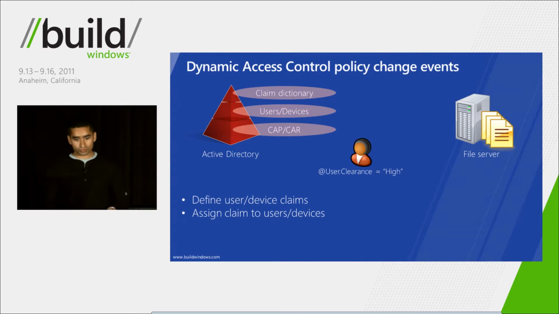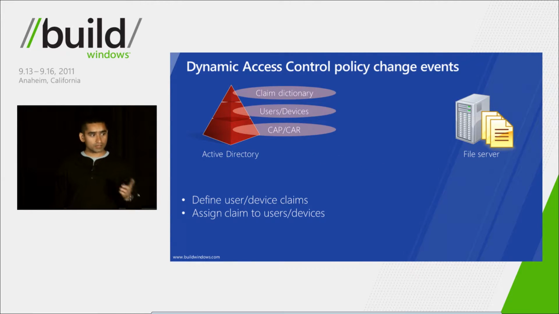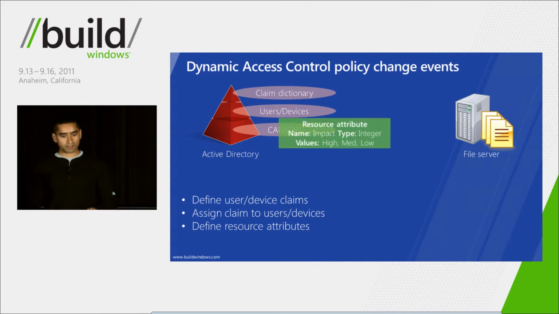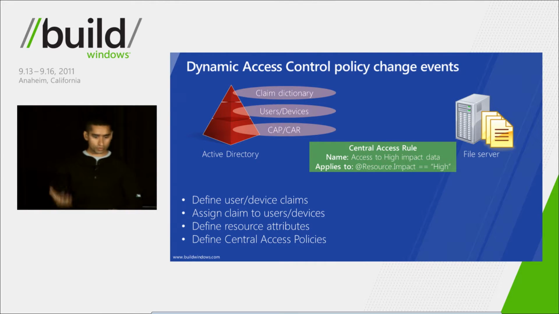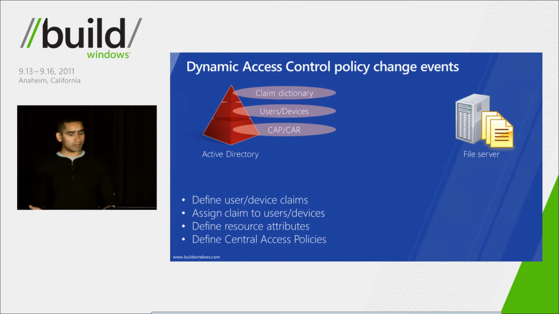In this case, the user has been assigned a clearance of high. It is a modification to the container that contains the user object. You define resource attributes. Once again, the resource attributes live in the claims dictionary. You define central access policies. That lives in its own little container. The beauty of this is, since we are using Active Directory and we are using the container aspect, you can audit these the same way you've audited AD before.